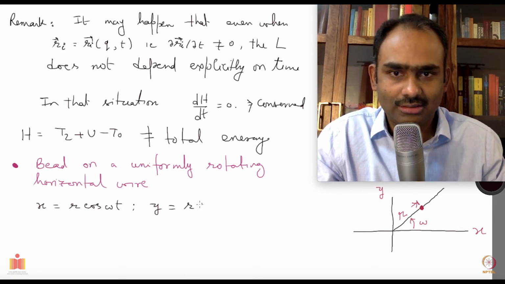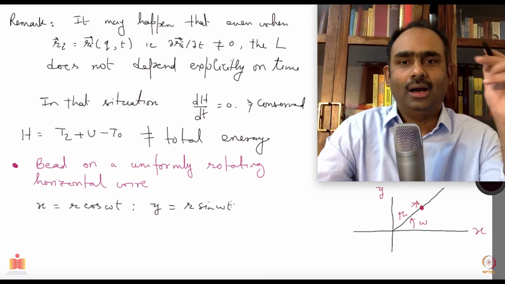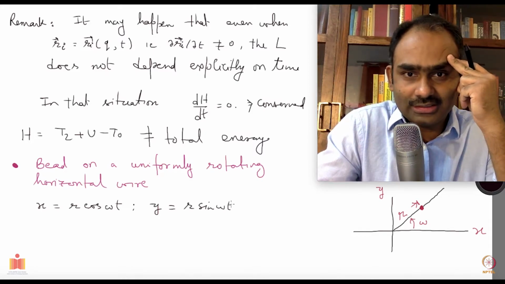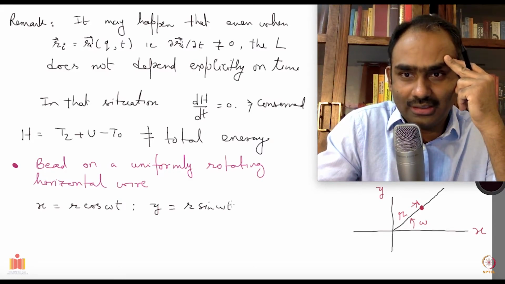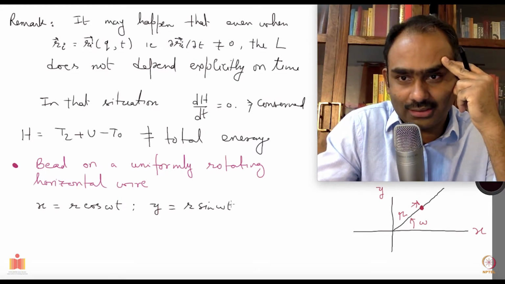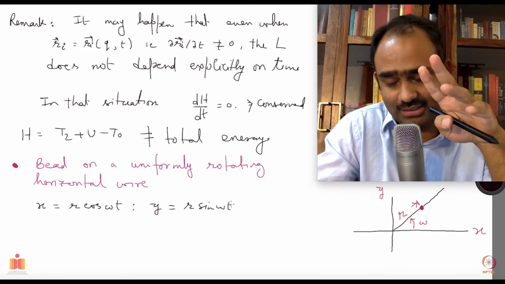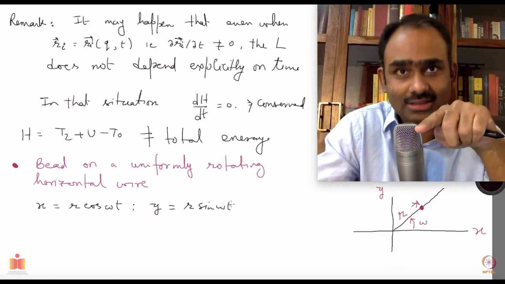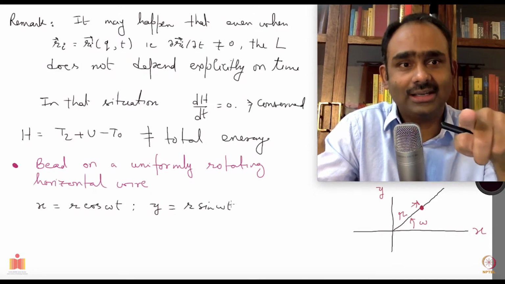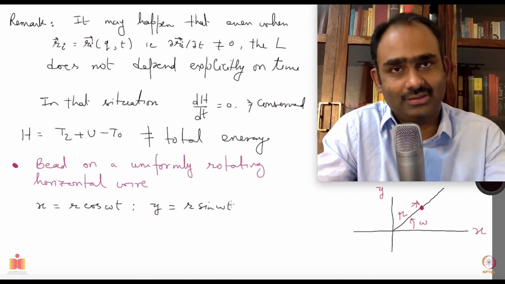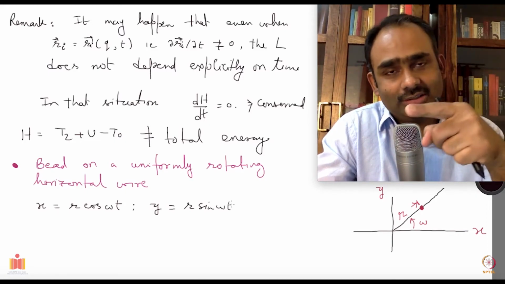Okay, so your system is clearly one-dimensional. So instead of using the two Cartesian coordinates x and y, I am using the polar coordinates r and theta. But theta is already determined by the wire itself. So the wire fixes what the theta would be for that particle.